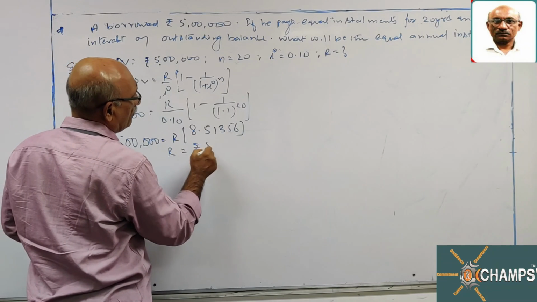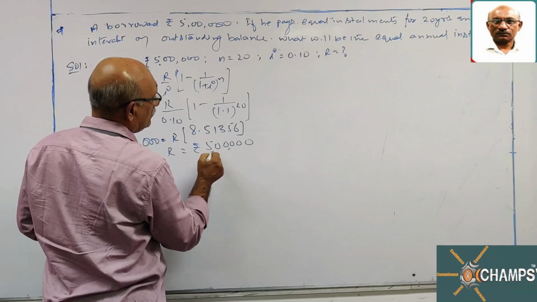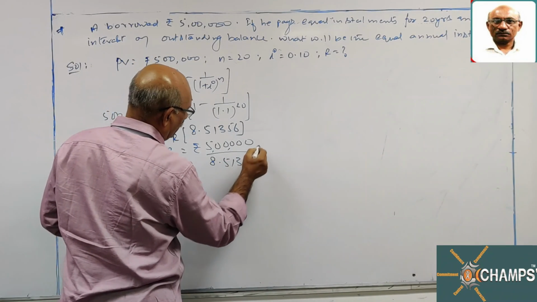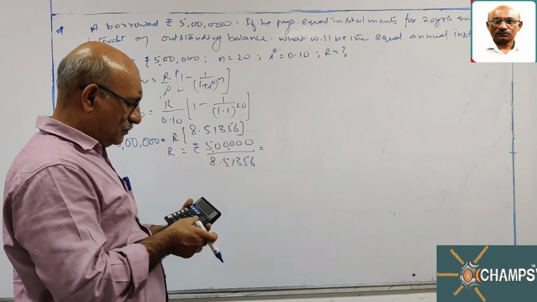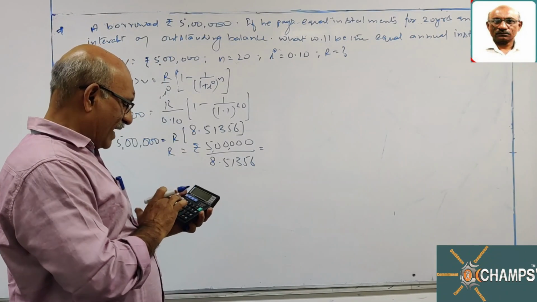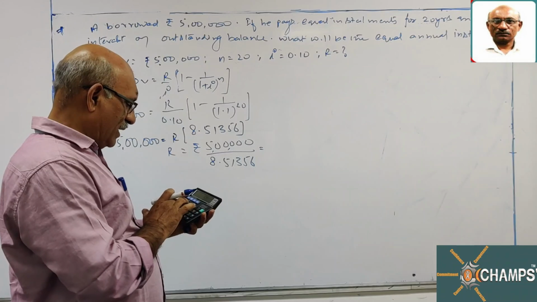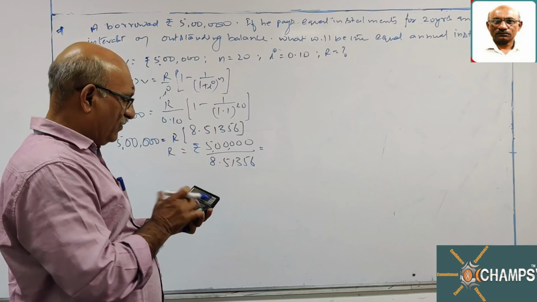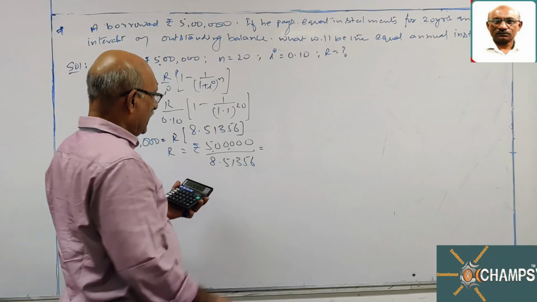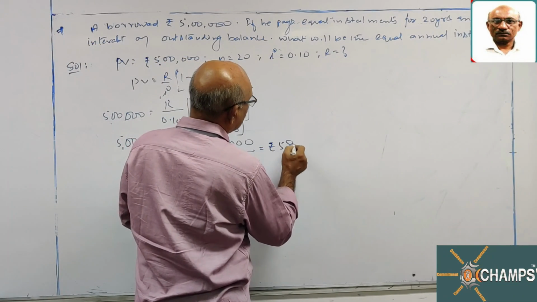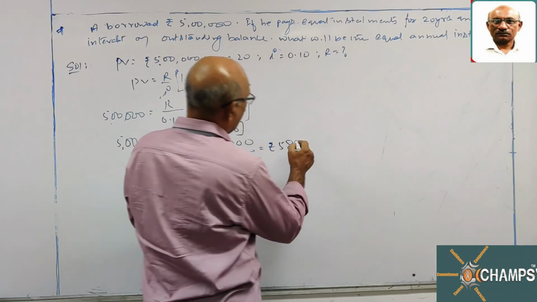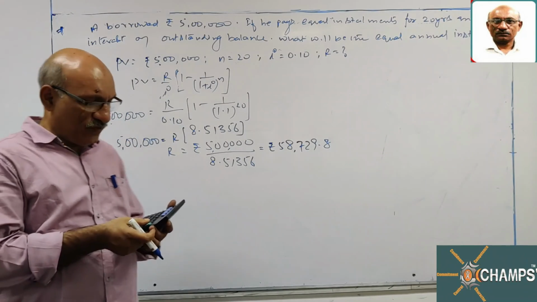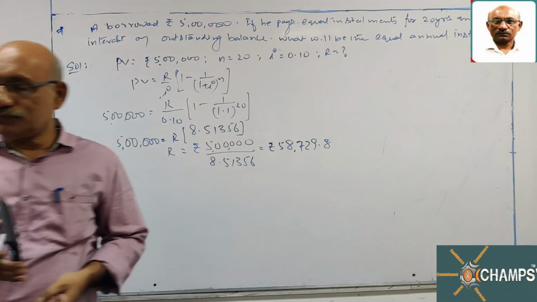R is equal to rupees 5 lakhs divided by 8.51356. 5 lakhs divided by 8.51356 is 58,729.8. This is the size of each payment to clear your loan.